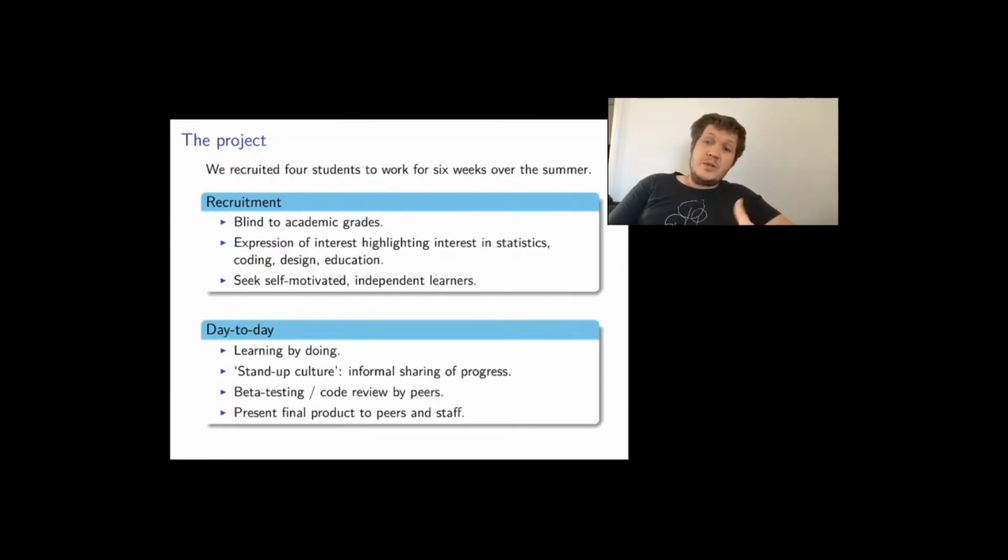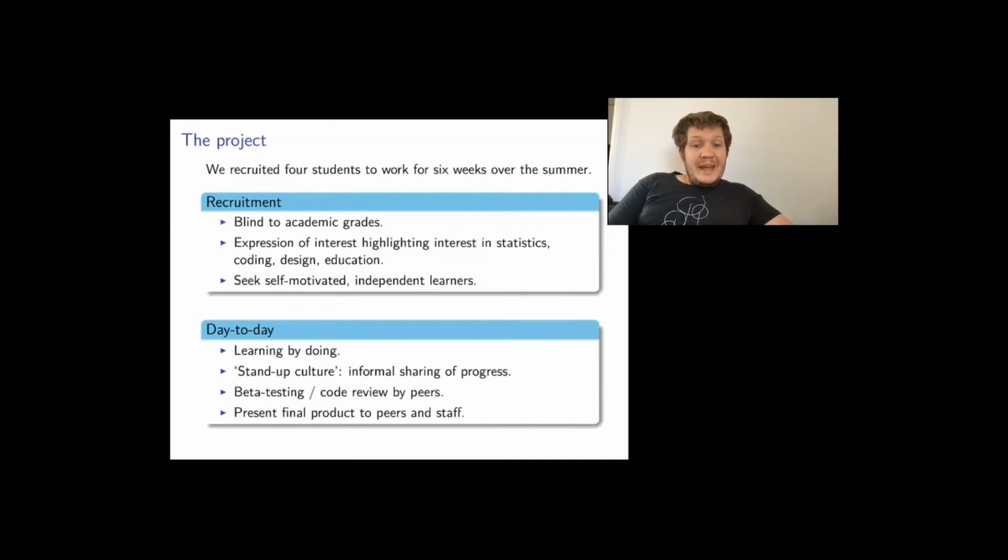So R was new to some of the students who had just finished their first year. And none of them had used R Shiny, this framework for making web apps. They weren't particularly given formal training in how to do that. They were given access to resources that would help them to learn on the job, as it were. And everybody managed to get on board with that and do it quite well.